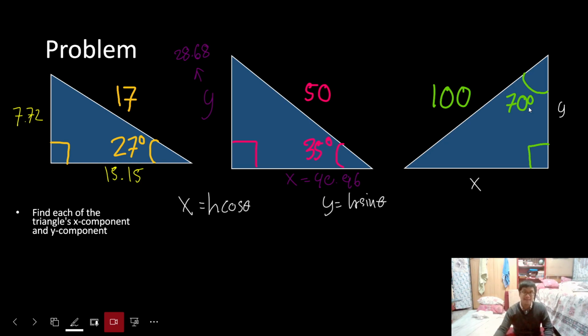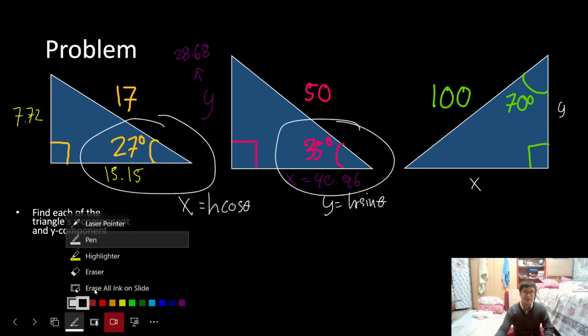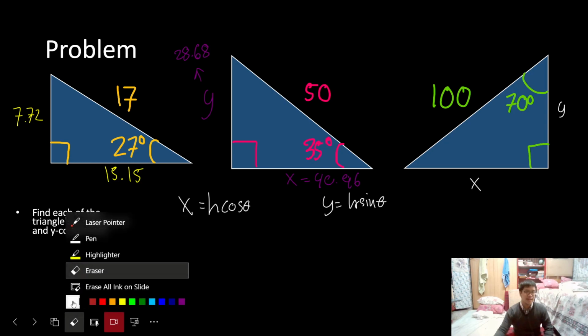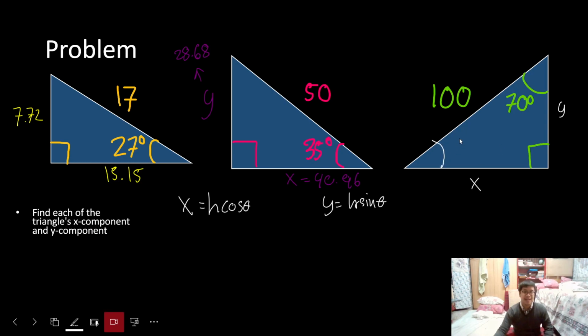Below or on the base level. 47 degrees here, 35 degrees here, right? So that's good. This one, on the other hand, is not on the base level. So what are we going to do? In here, we have two ways. One, let's find the angle here.